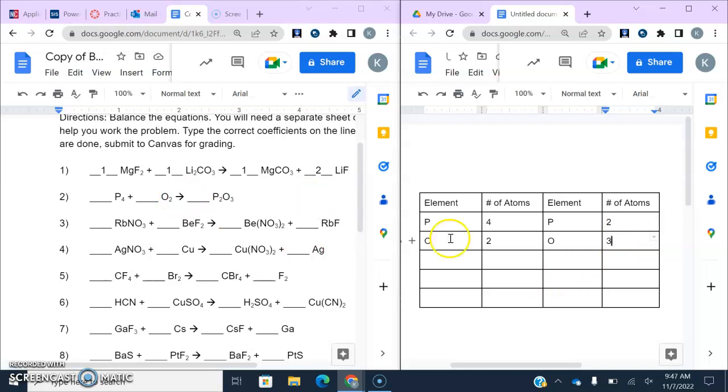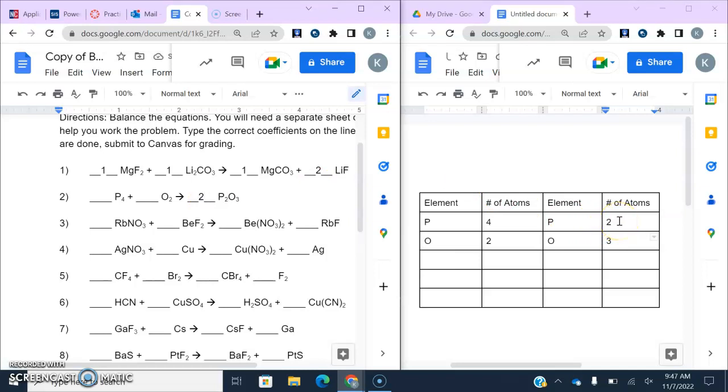Okay, so here I can already see this is not balanced. So the first thing I'm going to do is try to balance out my phosphorus. I've got 4 on the left and 2 on the right. So if I want to get my phosphorus on my right balanced, I know I'm going to have to multiply by at least 2, because 2 times 2 is 4, to get up to that 4 for the phosphorus on the left. So I'm going to put a 2 right here.